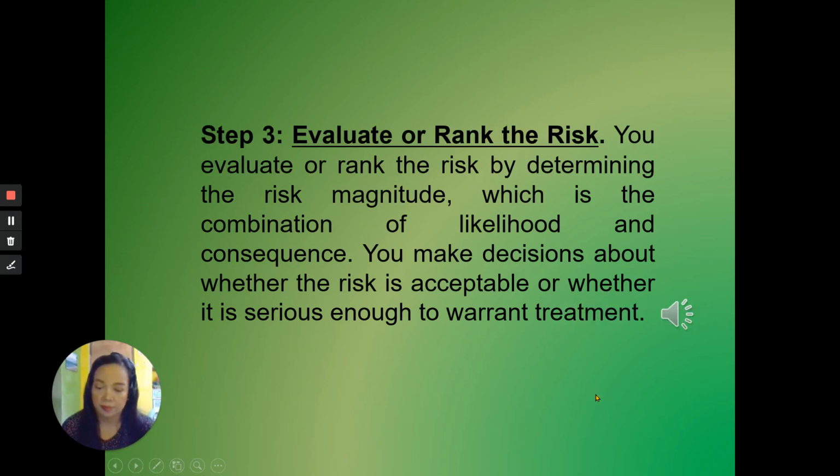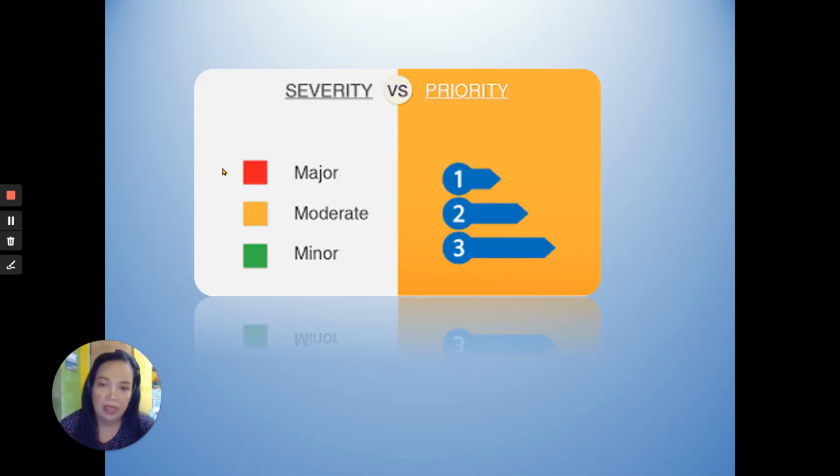Step 3. Evaluate or rank the risk. You evaluate or rank the risk by determining the risk magnitude, which is the combination of likelihood and consequence. Make a decision about whether the risk is acceptable or whether it is serious enough to warrant treatment. Step 3 is evaluate or rank the risk. So we have the severity versus priority.